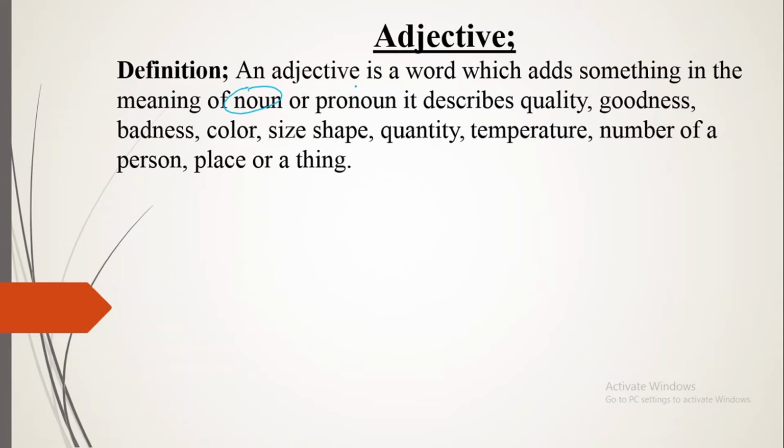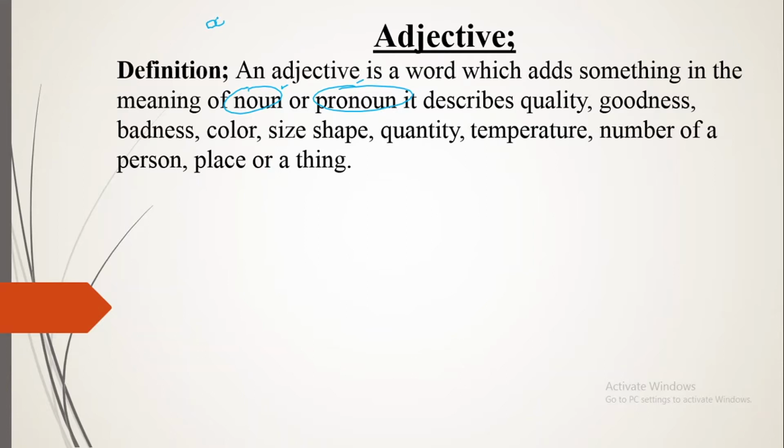In our previous two parts of speech, we have already discussed noun and pronoun. What was noun? We discussed the name of a person, place, or a thing. Pronoun is a word which is used in the place of a noun. One thing to be noticed is that noun, pronoun, and all the parts of speech are like a chain.